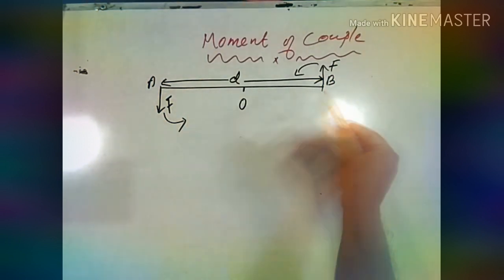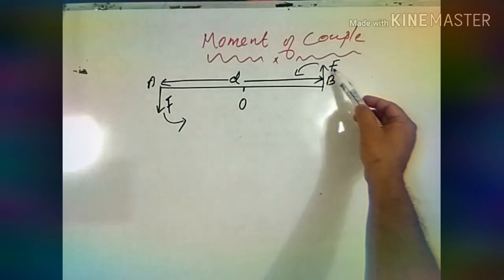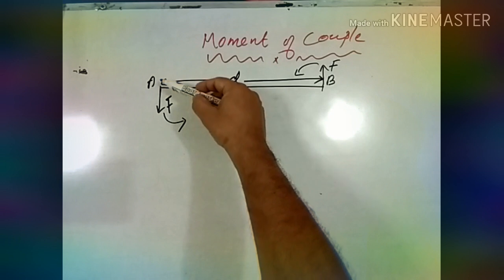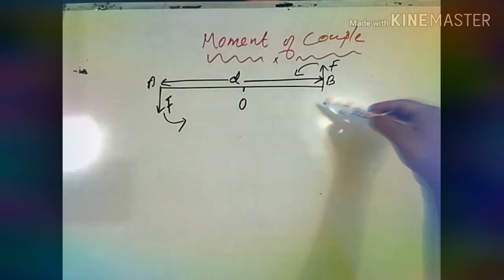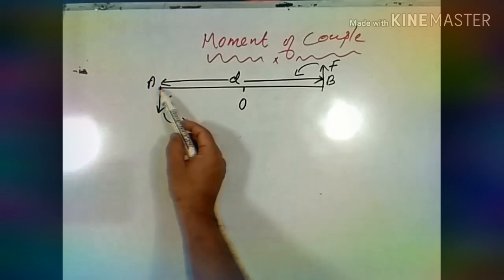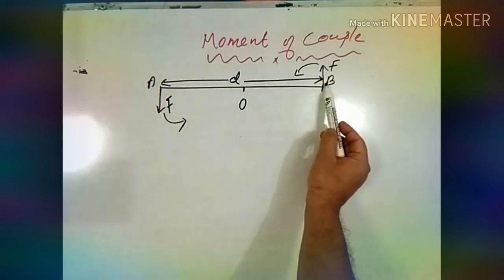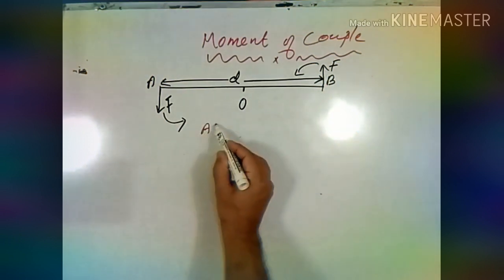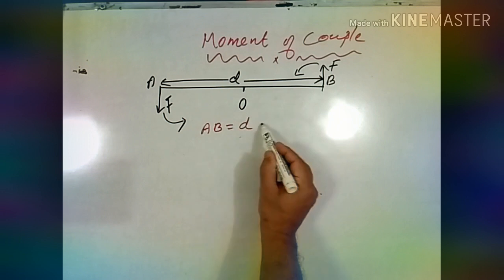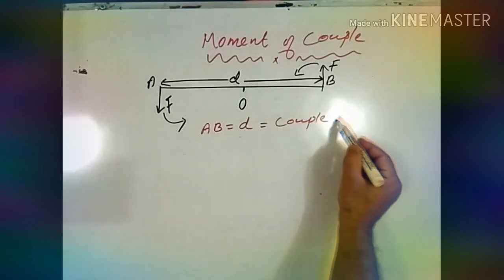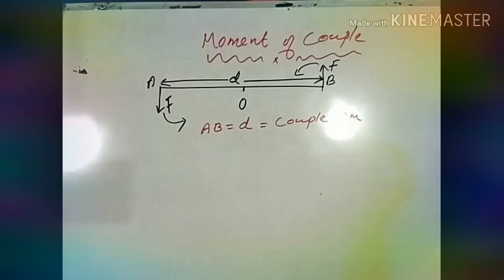What are their properties? They are equal in magnitude but opposite in direction. And the perpendicular distance between the two forces, AB, we call the couple arm. So I can write AB equals d, that is known as the arm of the couple.